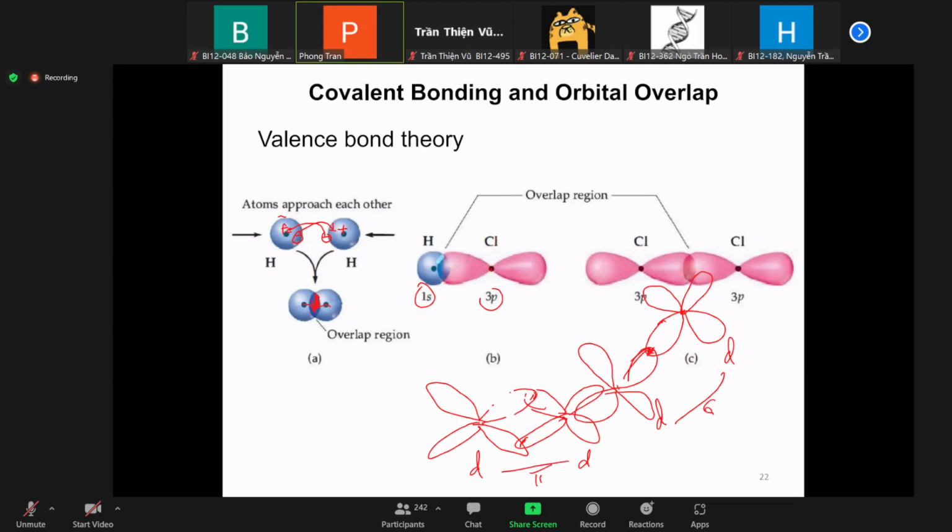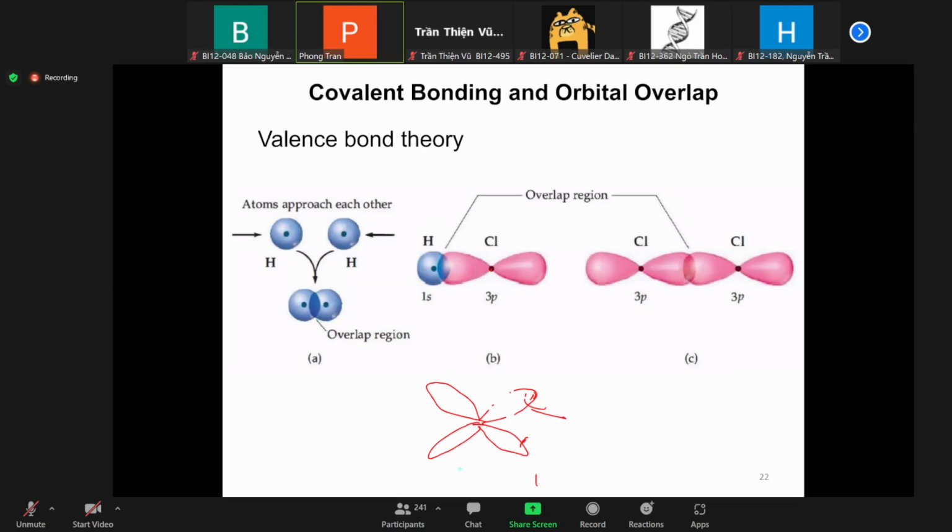So the idea is that when two atoms approach, the two atomic orbitals can overlap to optimize the interaction, attractive and repulsive, so creating the chemical bond.